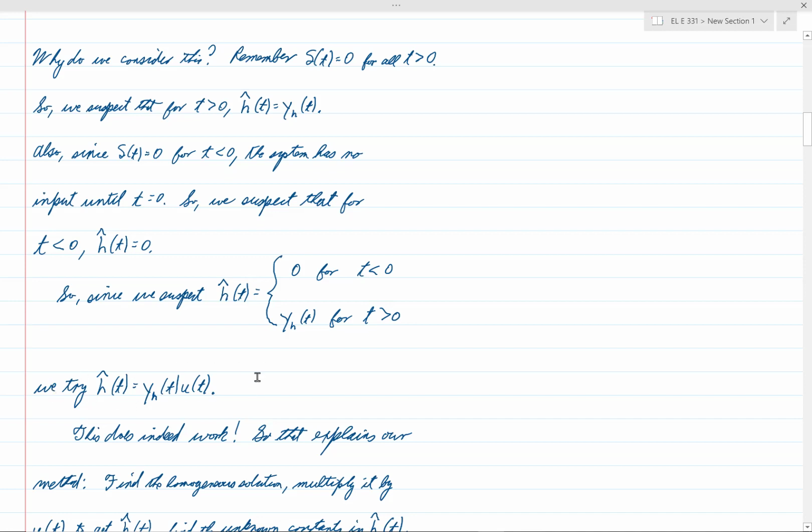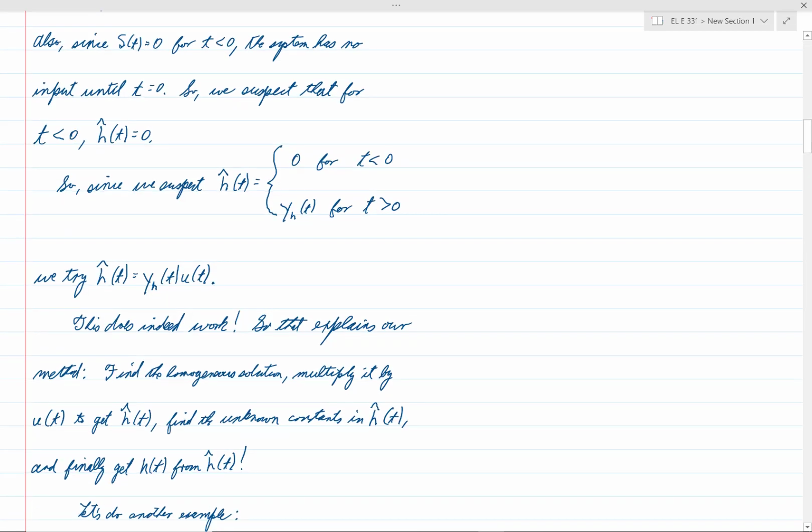Well, that explains why in the procedure we learned in lecture 7, we said we're going to try h hat of t equal to yh of t times u of t, because that would have exactly this value. It would be equal to 0 for all t less than 0, but equal to yh of t for all t greater than 0. So that's what we're going to try, and of course, as you probably suspect, this does indeed work.